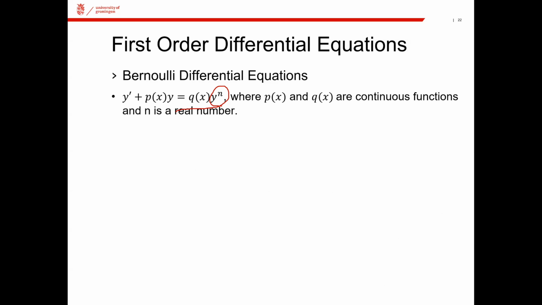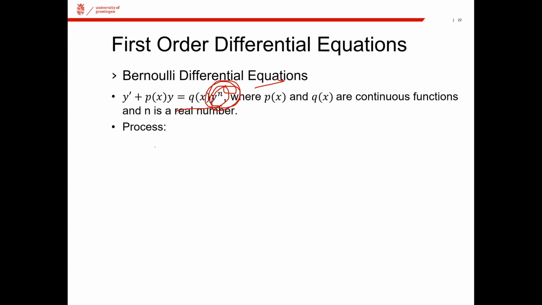But since they are similar, after some calculation, we can apply the formulas that we have from the linear equation. Still here, p(x) and q(x) are continuous functions, and n is a real number.